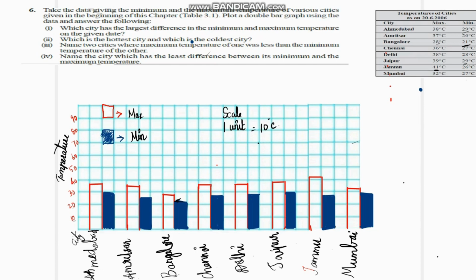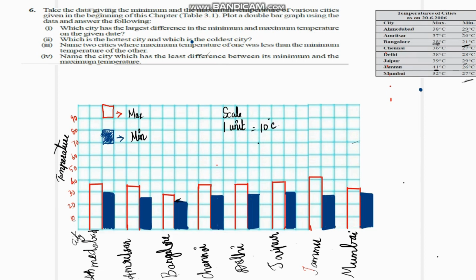36. Is there any temperature higher than 36 in the minimum column? No. Again, 39. Is there any temperature higher in the minimum column than the maximum? No. Likewise, Jammu and Kashmir is 41 degrees, that is the highest. Is there any temperature in the minimum column higher than 41 degrees? No. The only place is Bangalore, that is 28 degrees Celsius, and the higher ones are Ahmedabad and Jaipur.